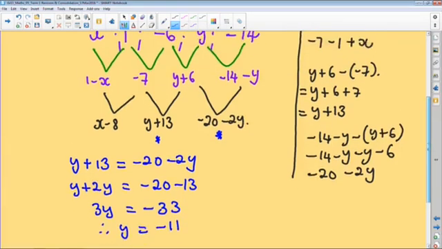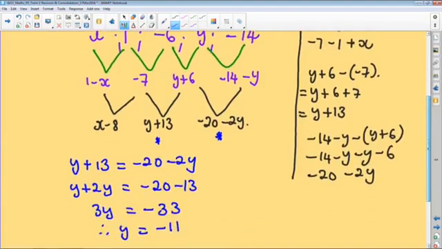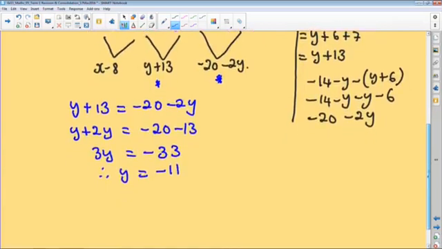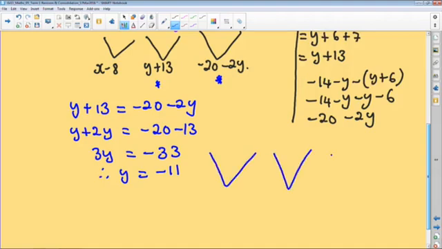All right. Now, guys, what happens here is, just leave this one open. You now have the value of y. And your second difference, if I may write it here, you still have that x minus 8, right? And then the y plus 13, now in the place of y, you can sub in the minus 11. So you've got minus 11 plus 13, you get a 2, all right?